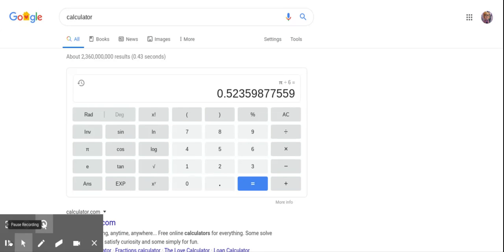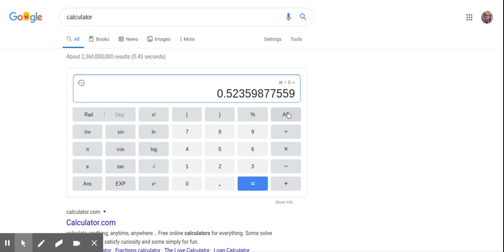As we were saying, that 0.523 is really pi over 6. Now, if I clear this all out and do the same thing in degree, and hit arcsine and do 0.5, if I do inverse sine 0.5, it's going to give me 30 degrees. So you can either do it in degrees or in radians. All right, back to this.